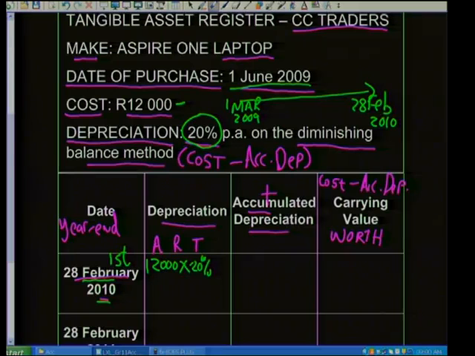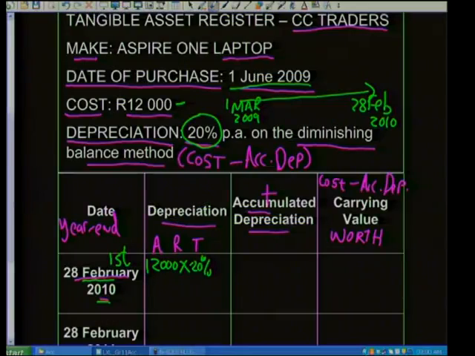And now we get to the question, when was this laptop purchased? So it was purchased on the 1st of June 2009. Okay, so 1st of June will probably be somewhere here on the timeline. 1st of June 2009, which means for the first financial year, I've only used the asset for this part of the financial year. So from the 1st of June until the end of February.